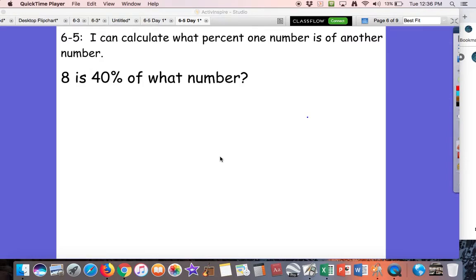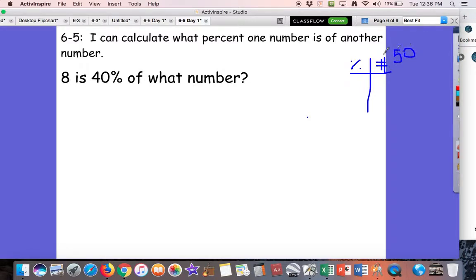Okay, so this is the next part of percentage. Last time we made T-charts and we put the percent over here and then we put the number over here. So we had maybe, let's say, 50 and we had 10% over here.